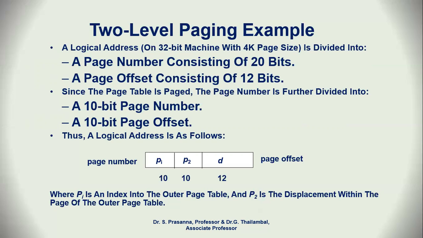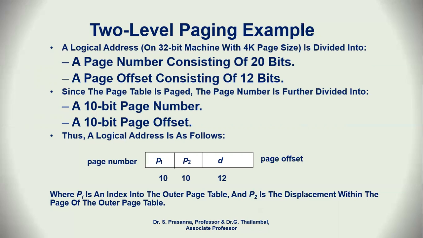P2 is the direct access of the 10 bits of data, and P1 is the outer page table index, and P2 is going to be the displacement within the page of the outer page table.